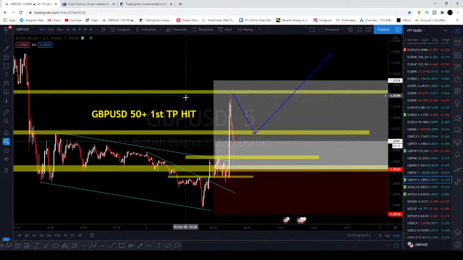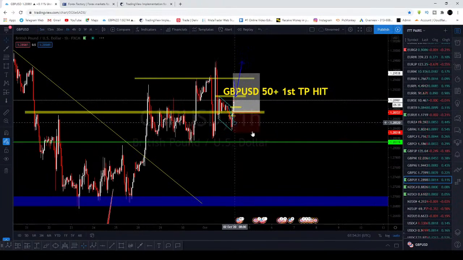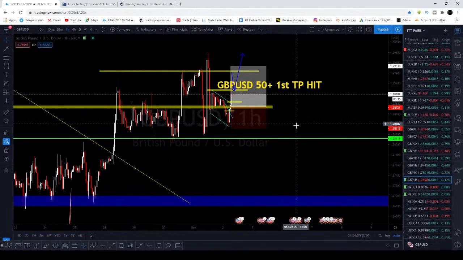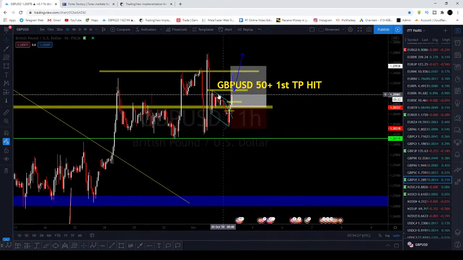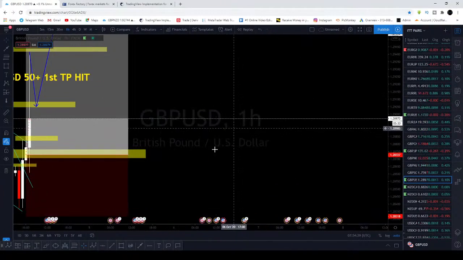But I don't trust this move right now. I don't trust it because the retracement came down very early. That was an early retracement. Of course, let's try to see what's going on, because the 1 hour candle is about to close now. So we might see crazy moves in the market. Very crazy, man.